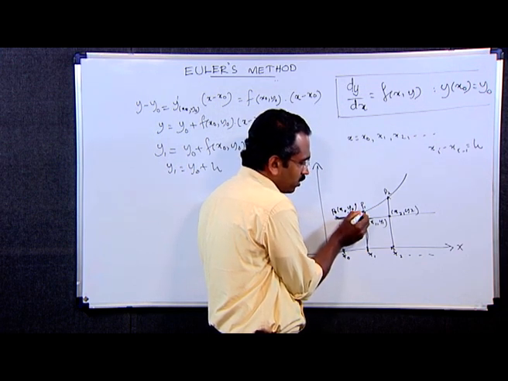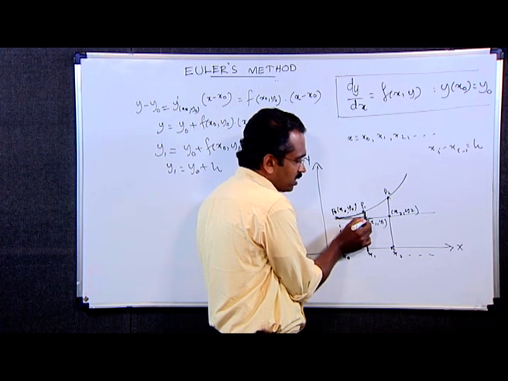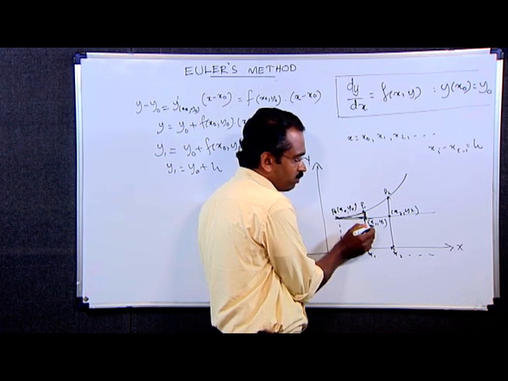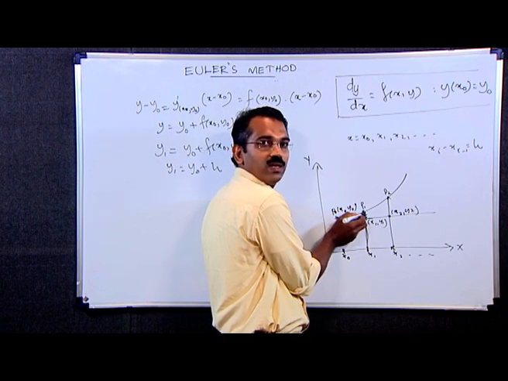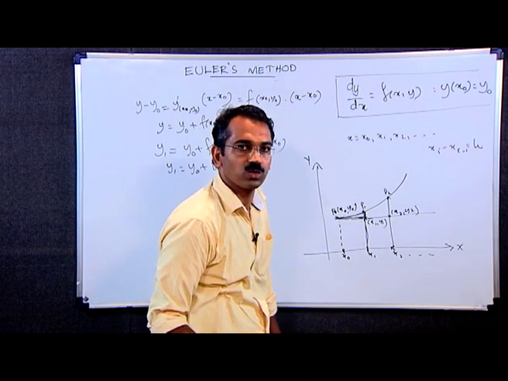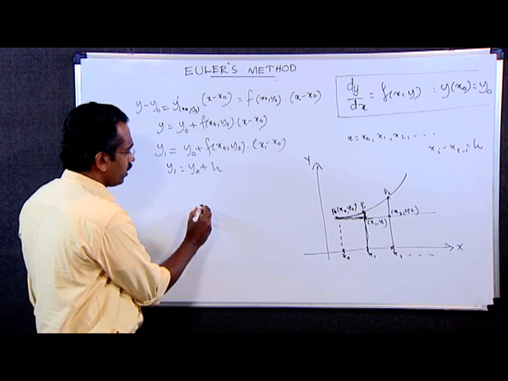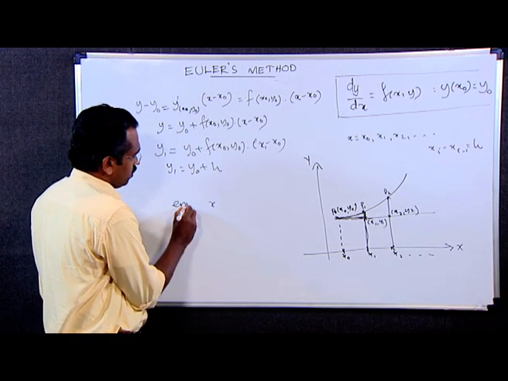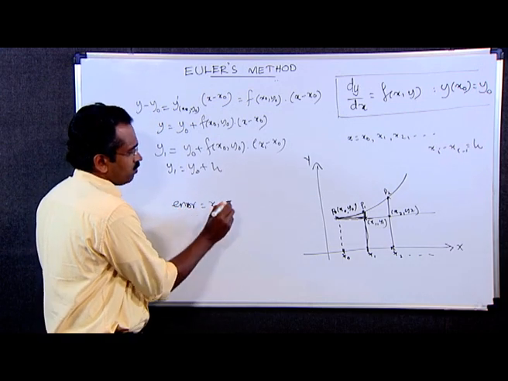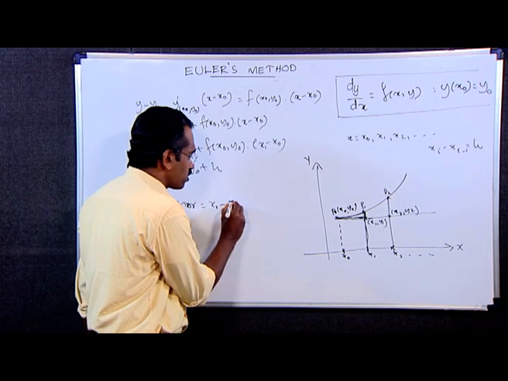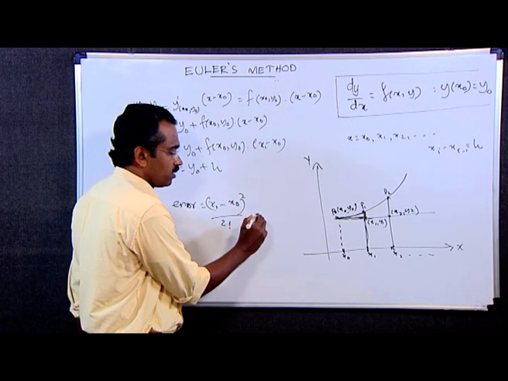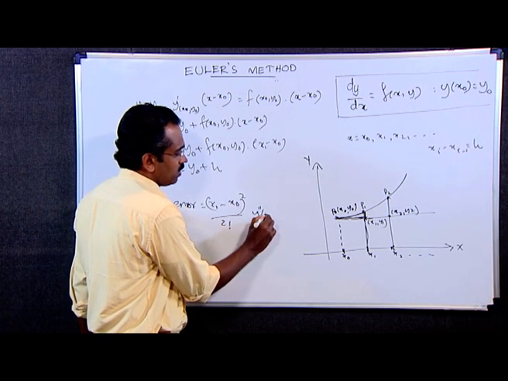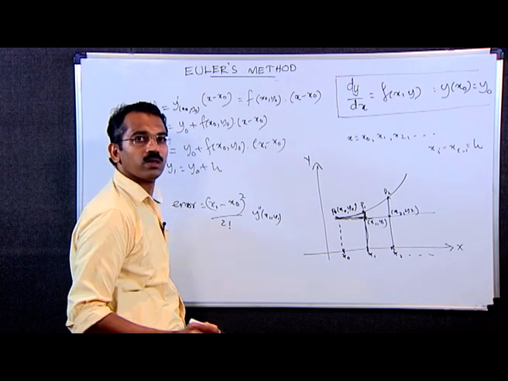Now, this error at x is equal to x 1 means this is the error, because the actual point is P 1, and we approximated the point P 1 by x 1 y 1. Therefore, the error at x is equal to x 1 is equal to x 1 minus x naught the whole square divided by 2 factorial into y double dash at x 1 y 1.